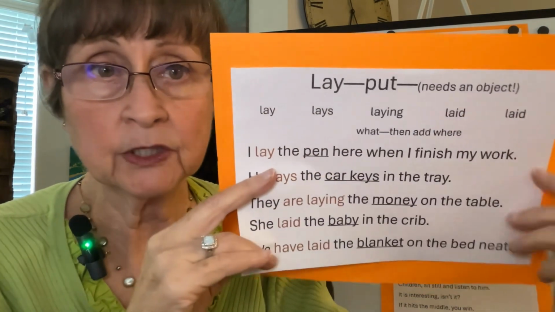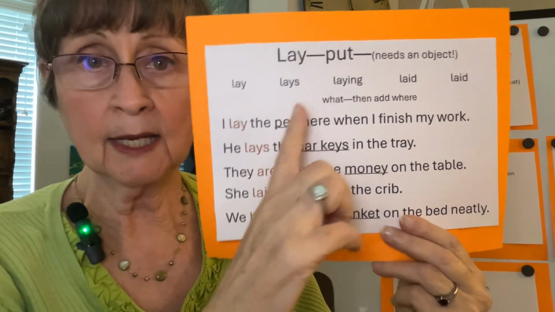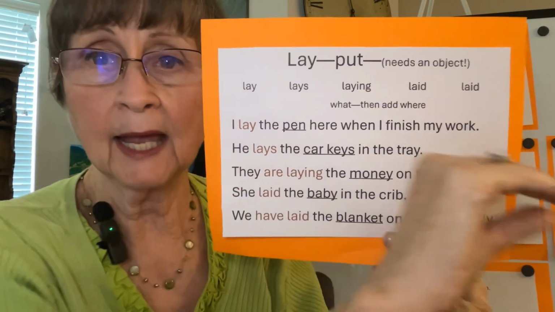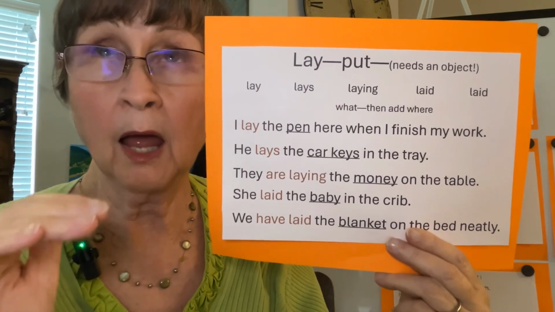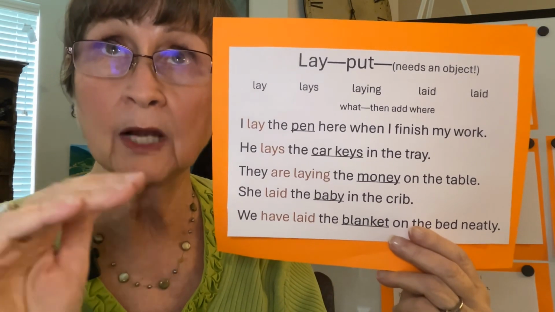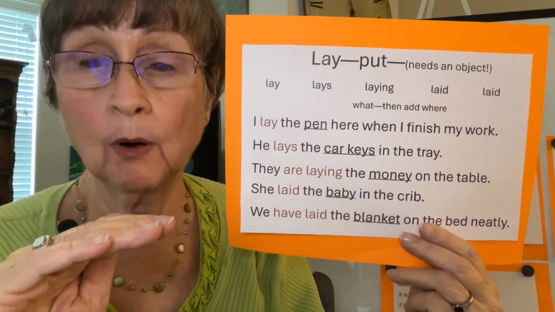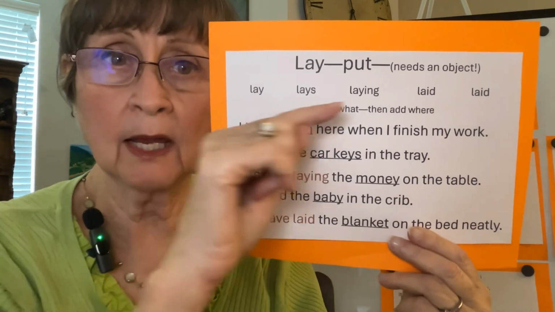It needs an object. Its forms are lay, lays, laying, laid, laid. It has a sound all the way through. Remember, lie had lie, lies, lying, lay, laying. So it used lie part of the time, the I sound, and a part of the time. This uses a all the way through.